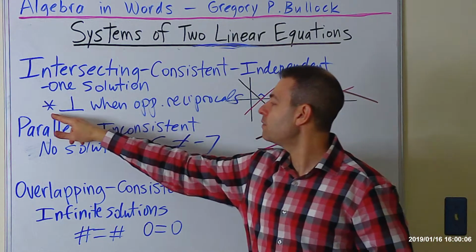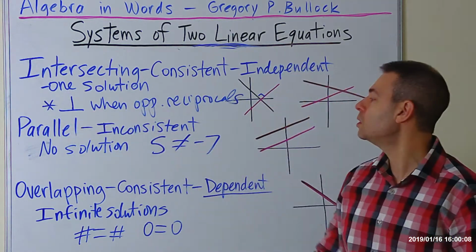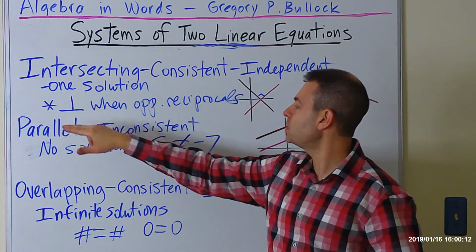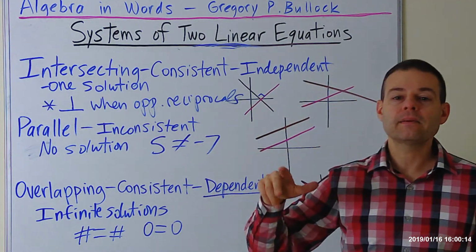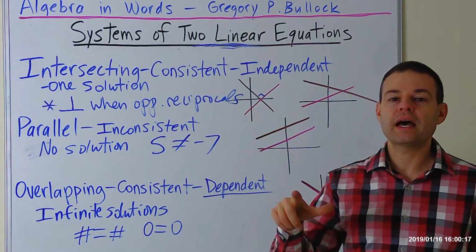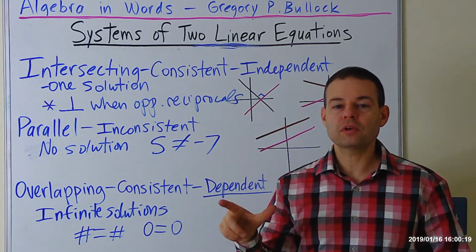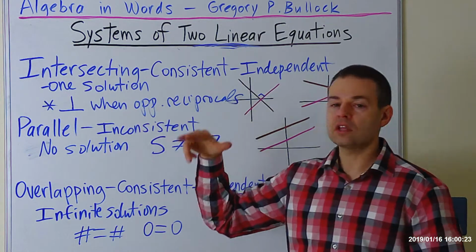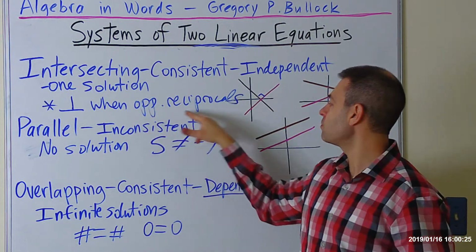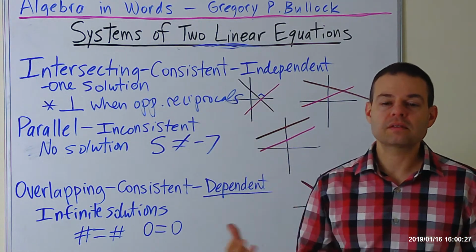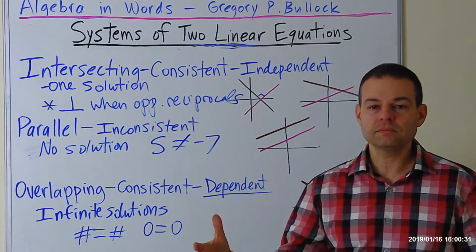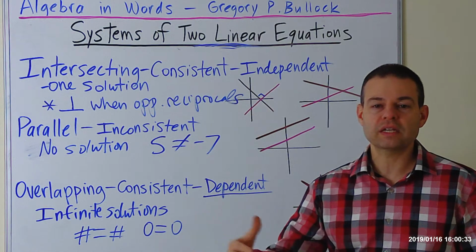So that's why I have a little asterisk here with a note that shows intersecting lines can be perpendicular. How do you know that? If you have both equations in slope-intercept form and you notice that the slopes are opposite reciprocals of each other, that's a sign that the lines are perpendicular, that they intersect at a 90-degree angle.